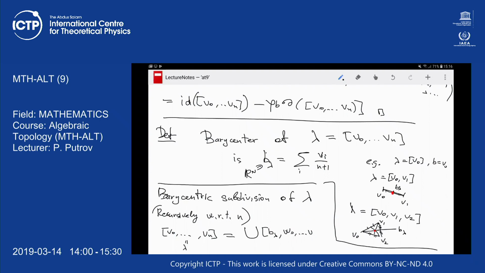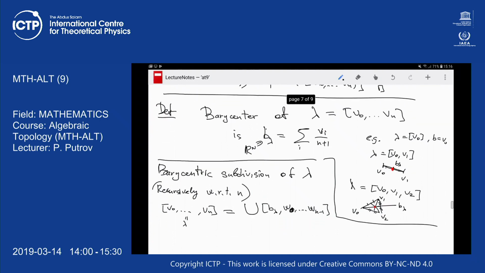well, we'll denote them by w0, ..., wn-1. This has the same length, and so this union means that the interiors in the union are non-intersecting.